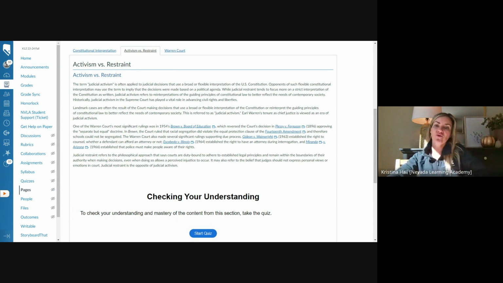The earlier ruling in 1896, Plessy versus Ferguson, took the restraint approach of the original Constitution, not the 14th Amendment, and said people can be separate as long as they're treated equally, and obviously that was not the case. But again, that's the way the courts are interpreting. So a great example of where judicial activism was used versus judicial restraint.